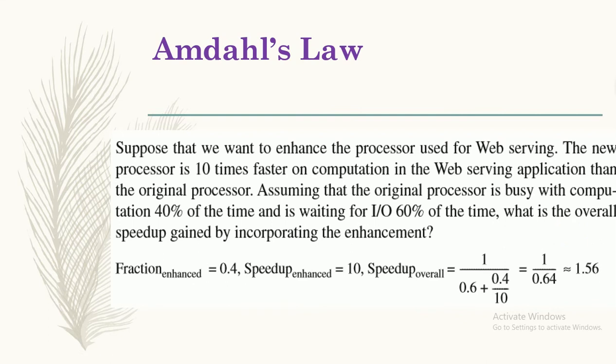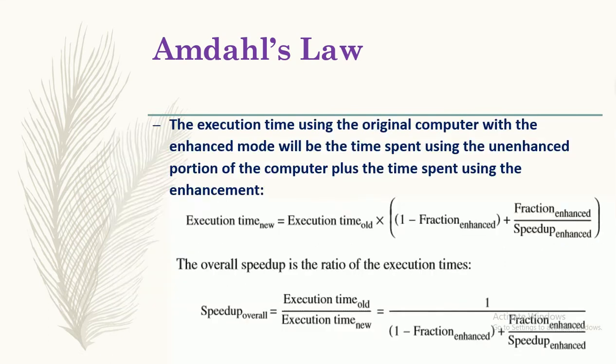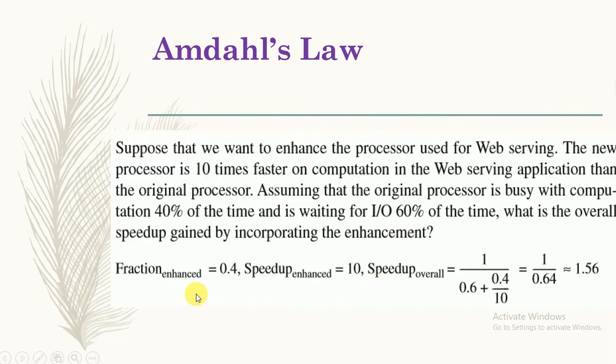The overall speed up can be evaluated as 1 divided by (1 minus fraction enhanced) plus fraction enhanced divided by speed up enhanced. 1 minus fraction enhanced, that is 1 minus 0.4, is 0.6. It's correct, don't confuse.